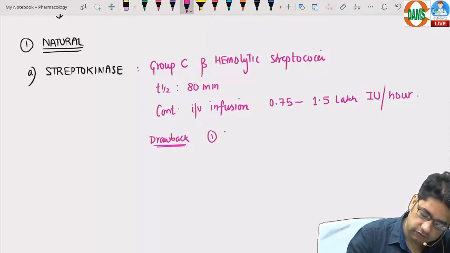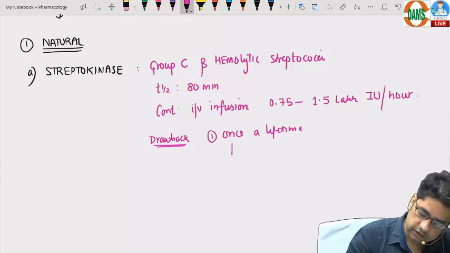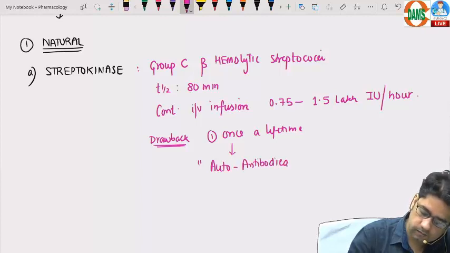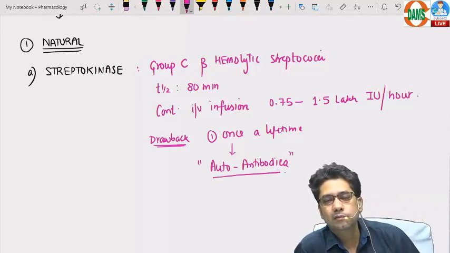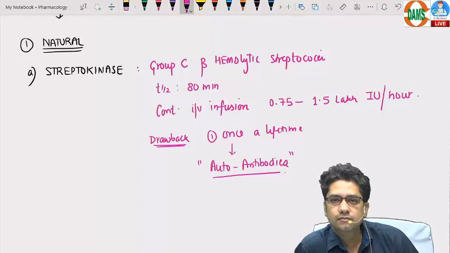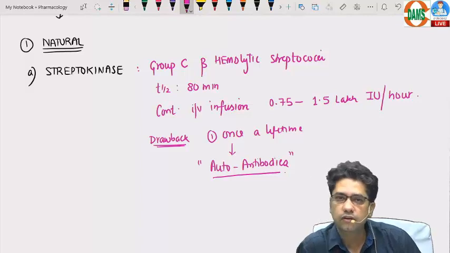Streptokinase is given once a lifetime. Reason: because of formation of auto antibodies. Do you agree with this point? Streptococci human में दे रहे हो, antibody बनेगी. Antibody will be produced. The next time when you will give streptokinase, what will happen? Effect will not come.